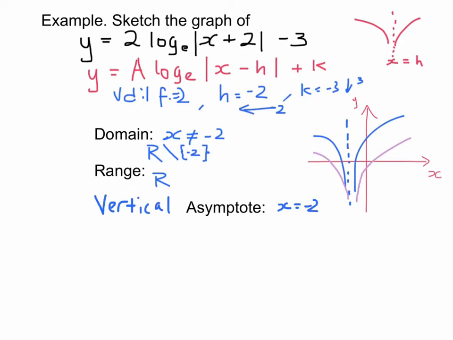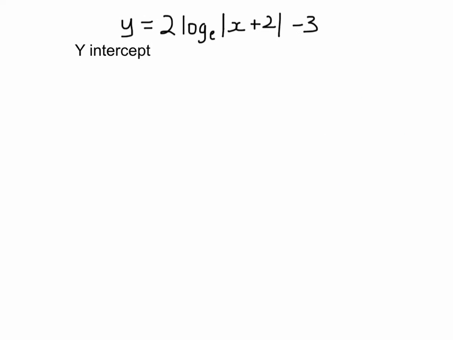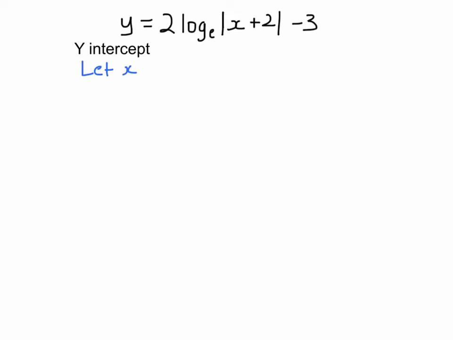You're still going to get the same number of x-intercepts, 1 or 2, depending on the shape, and you're still going to get one y-intercept in either case. So let's see what we get. So let's find the y-intercept. To do this, we let x equal 0, and then work out what y is. So y equals 2 log to the base e of the absolute value of 0 plus 2, minus 3.